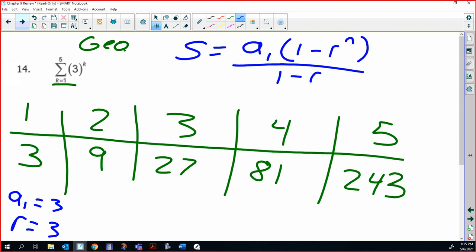There's 5 numbers there. You can plug that into the formula. So that's 3 times 1 minus r, which is 3, to the 5th, which is 243, over 1 minus r.